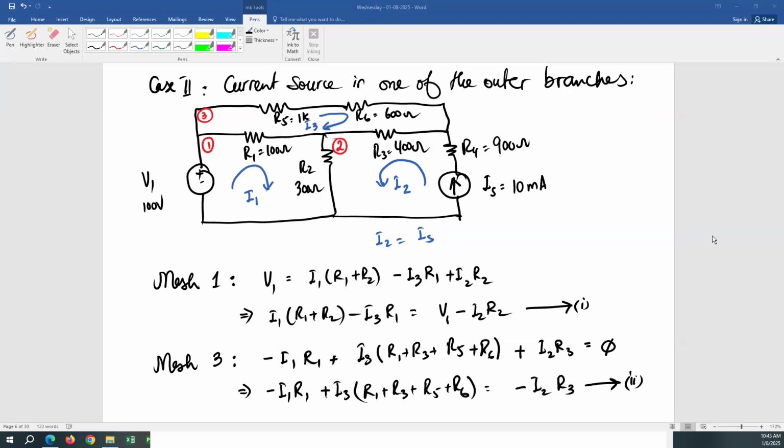Okay, that's one way to go, I would say. Hard way to go, but one way to go. Anyone else? Easier way to find the power either supplied or consumed by IS.